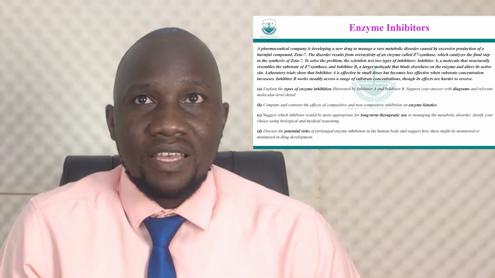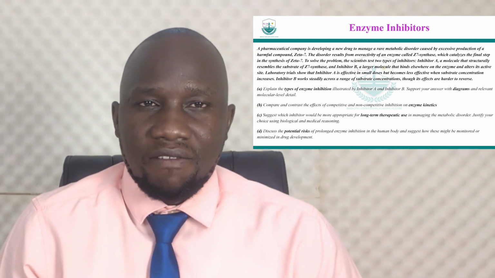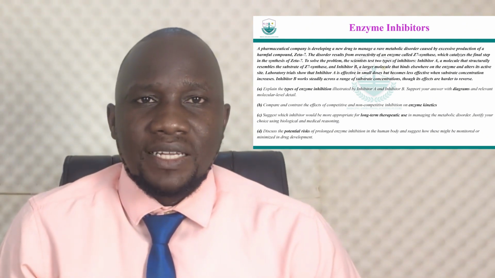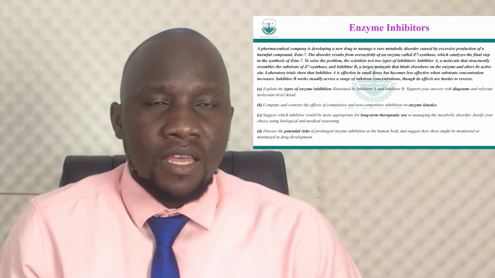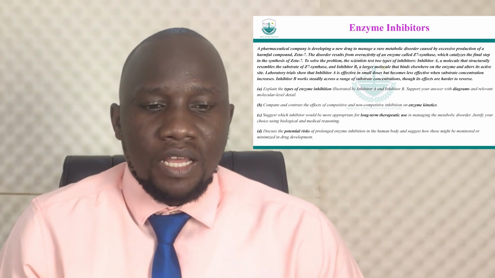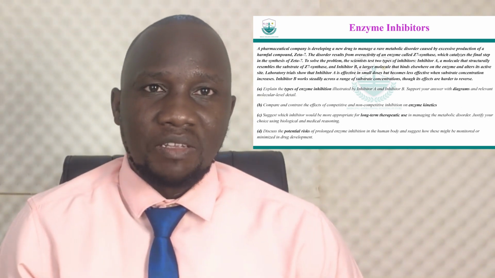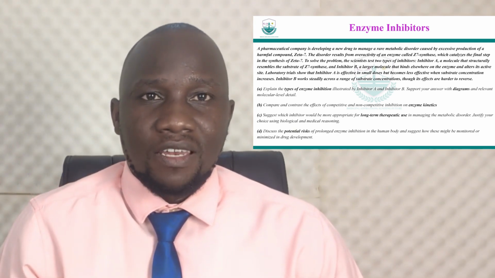Okay, so we have in the body a lot of zeta-7, but we have an enzyme that catalyzes the final reaction for forming that zeta-7. Now, to solve the problem, if the scientist can inhibit the action of this enzyme, it means that we shall not have this zeta-7.